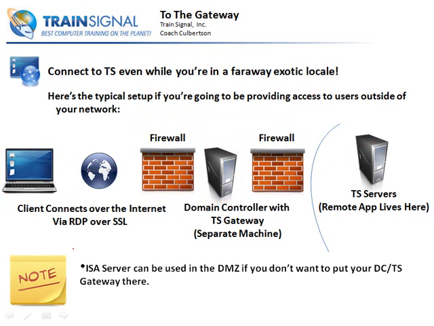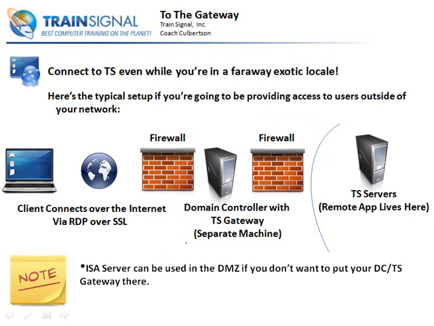Instead of using a domain controller with TS Gateway in the middle of your DMZ, this may not necessarily be your favorite option. You could be possibly putting your domain controller information, your Active Directory database, in a less than optimum spot. So if you want to take your domain controller and your TS Gateway and put it on the inside of your router or your firewalls, then you can actually put ISA server in its place and make your gateway available that way.